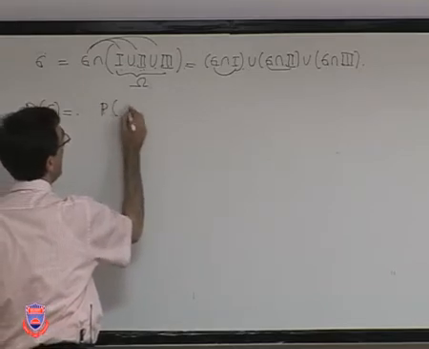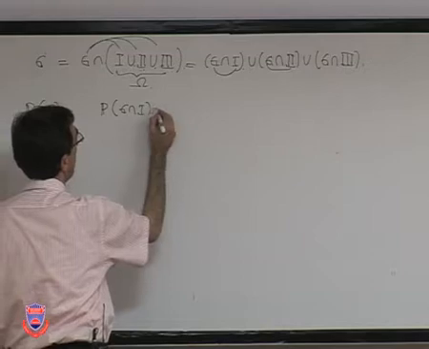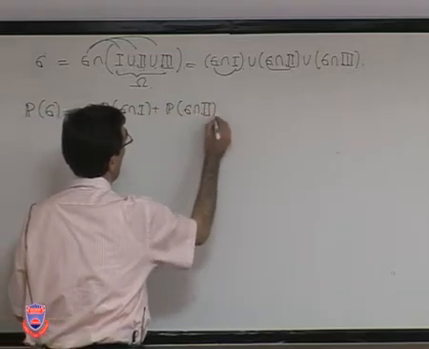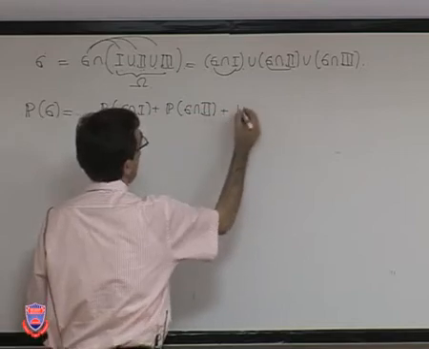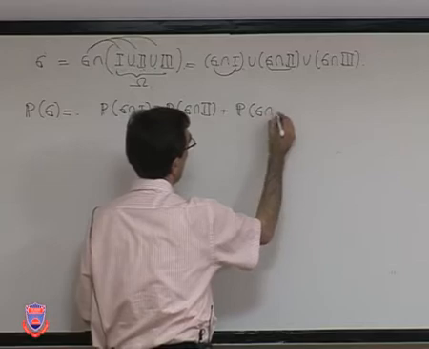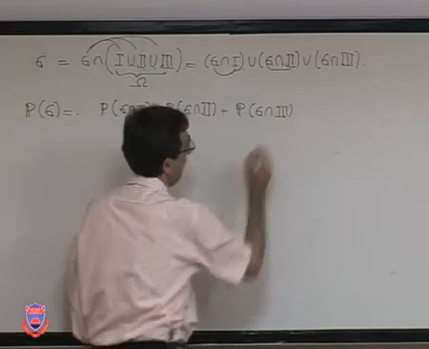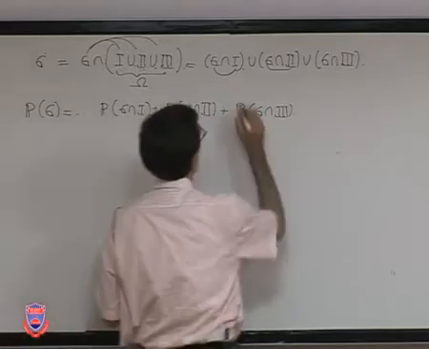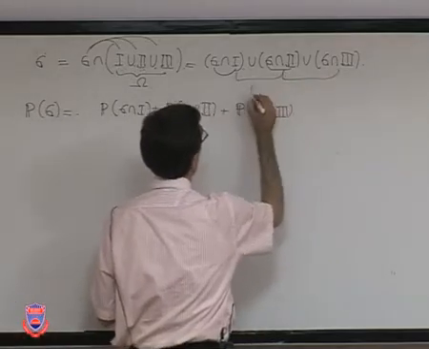Namely, in this case, you have that, plus the probability that G happens together with event 2, and plus the probability that G happens together with event 3. So we have that, because these are all pairwise disjoint.